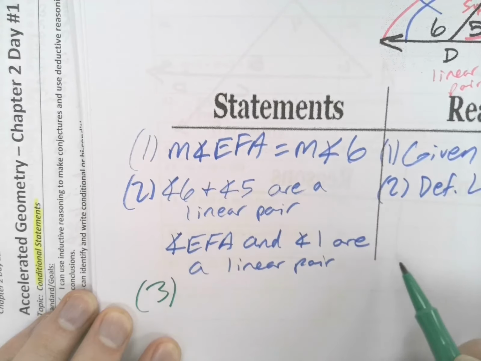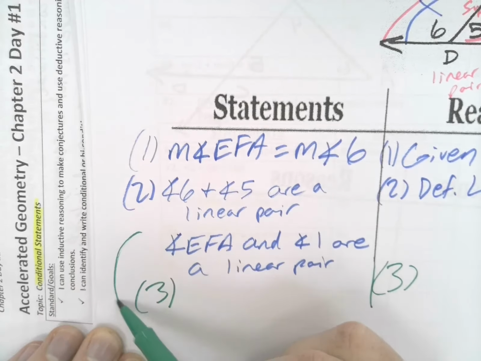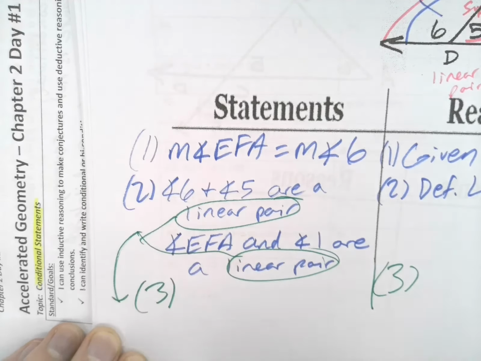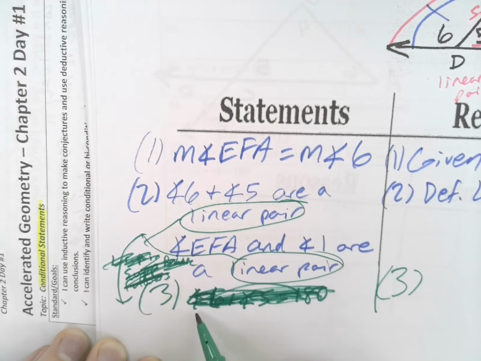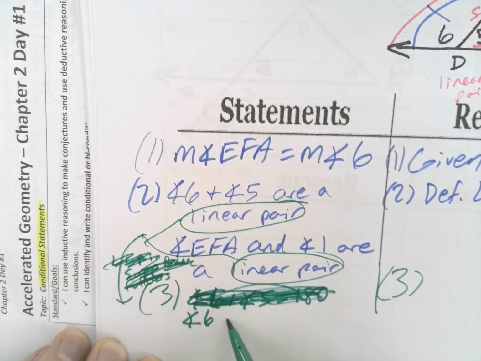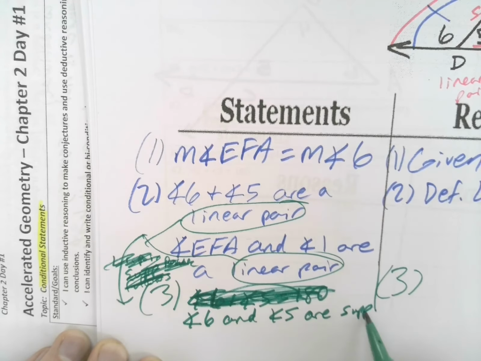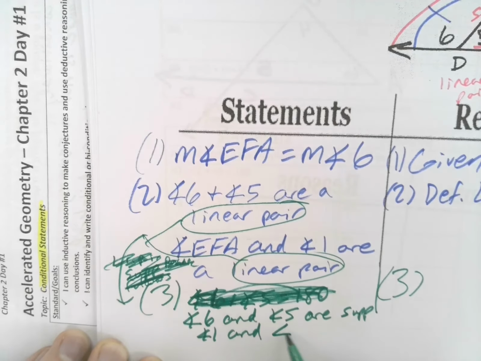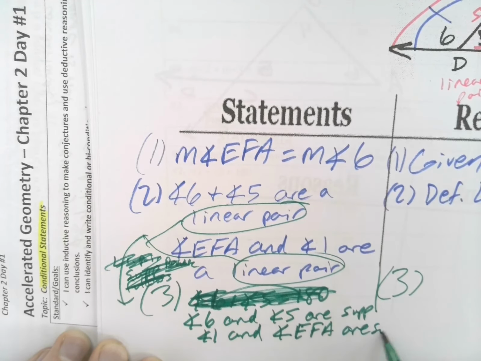Step 3. You know what always follows a linear pair? Always, always, always follows a linear pair. Supplementary. Sup follows. Almost always. And we know 6 and 5, angle 5, are sup. We also know that angle 1 and angle EFA are sup.